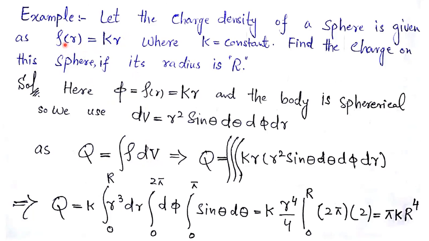If this scalar function is given in rectangular coordinate system, then you have to use the volume element in rectangular coordinates. If it is given in spherical coordinate system, then you better use the volume element in spherical coordinates. Similarly, if it is given in cylindrical coordinate system, then you have to use the volume element in cylindrical coordinates. So this is just a simple exercise to do in different coordinate systems.